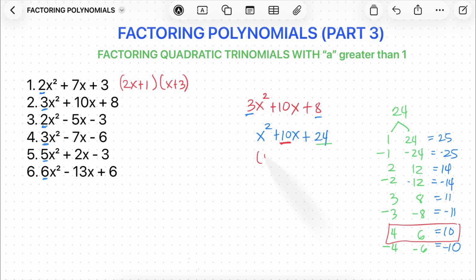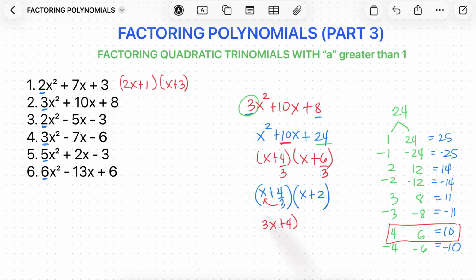So we have x plus 4, x plus 6. Again, the numerical coefficient of the quadratic term is 3. So we're going to divide this by 3, and then simplify our answers. This one is x plus 4 over 3. And this one is x plus 2. So we can also rewrite that one in this form. So 3x plus 4 times x plus 2.